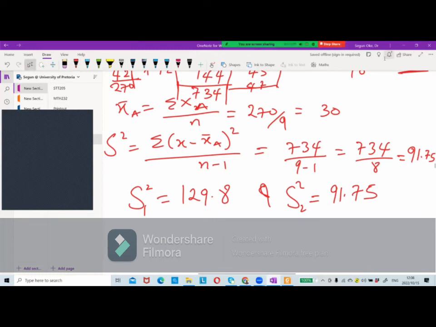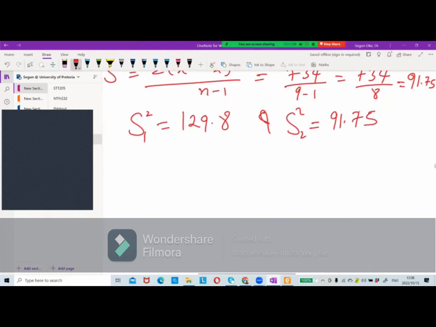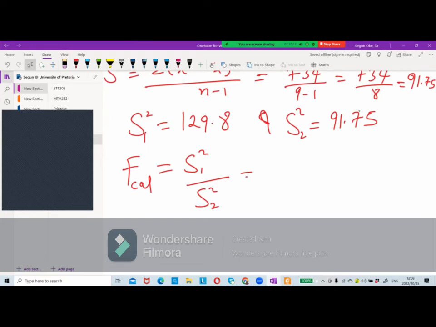So F distribution is no more than that. They now ask us to get our F calculated. F calculated is the same thing as S1 squared over S2 squared. What is S1 squared? 129.8 divided by 91.75. What's the answer, please?